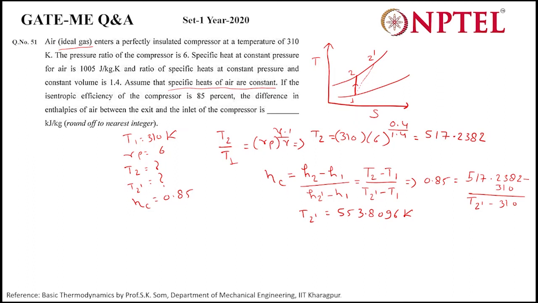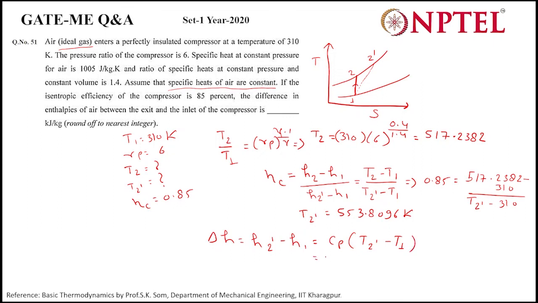So in the answer we have to tell the enthalpy difference of the air between the exit and inlet of the compressor. The compressor exit would be the 2 dash. So delta H would be H2 dash minus H1, meaning Cp times T2 dash minus T1.